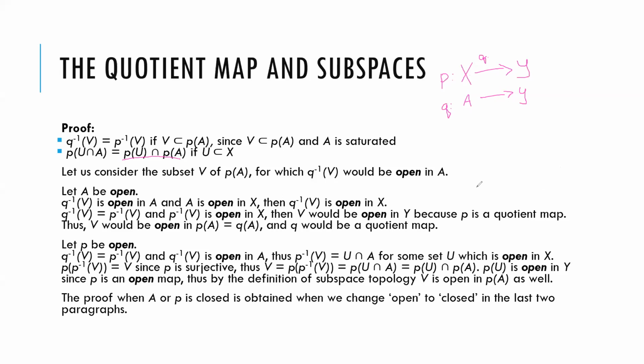Our theorem states that we can also prove it if A is open or closed, or P is open or closed. Basically everywhere where we have open, if we switch it to closed, our proof would work again, since we have used properties of open sets and functions, which are analogous to those for closed sets and functions.